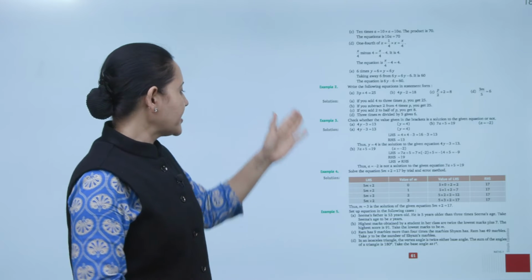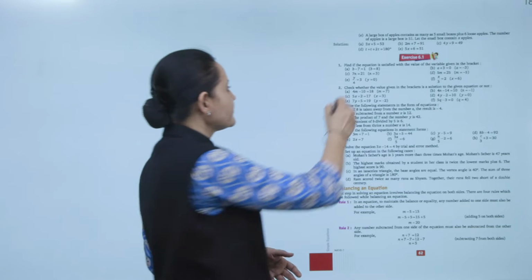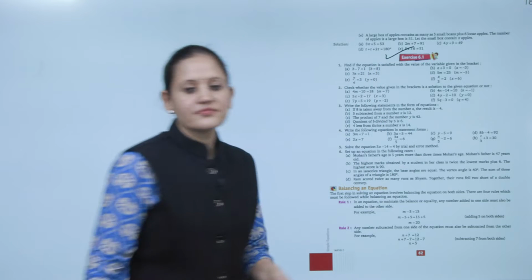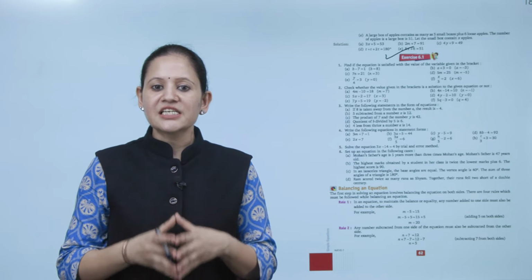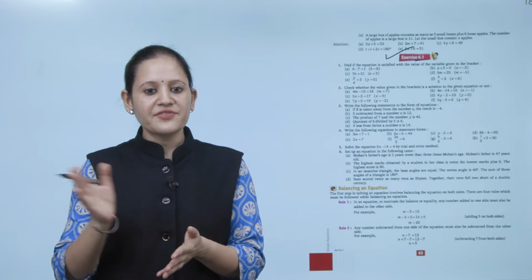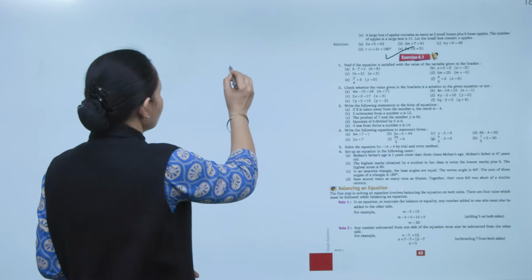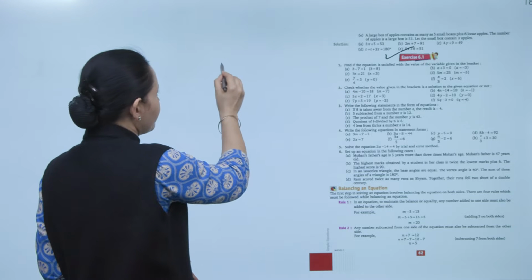Next, you have to practice all these examples here. Next is exercise 6.1. Find if the equation is satisfied with the value of the variable given in the bracket. b minus 7 equals 1, where b equals 8 is given. So, we will put the value here.